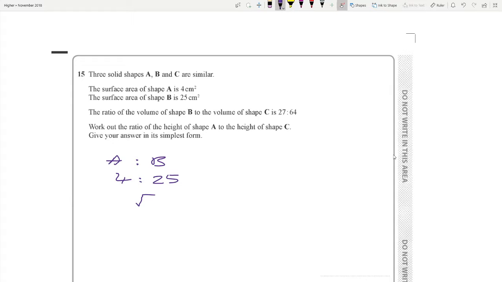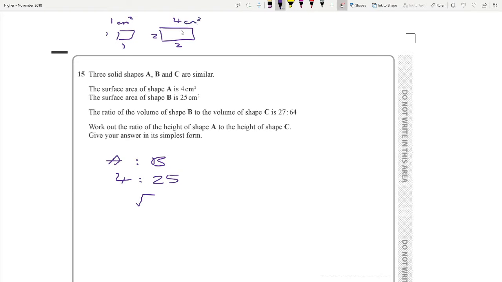When you have two shapes which are similar, and we're given the area of one, let's do a simple example. If we look at a square that's 1 by 1, the area is 1 centimeter squared. Now if we have another square that's say 2 by 2, the area is 4 centimeters squared.